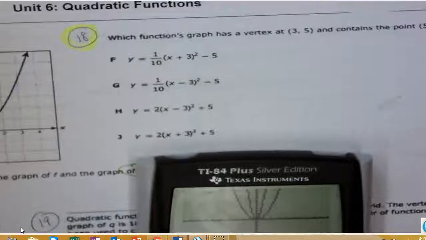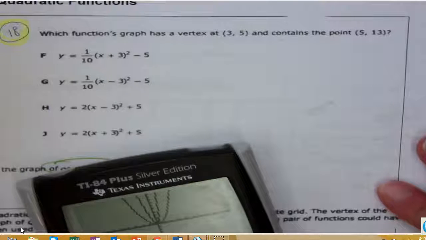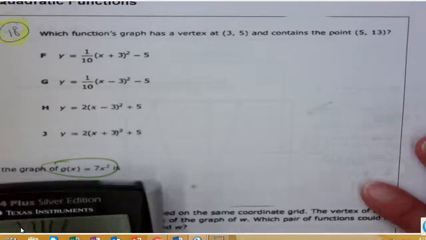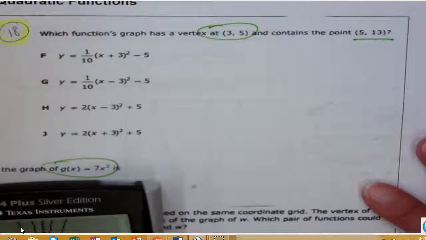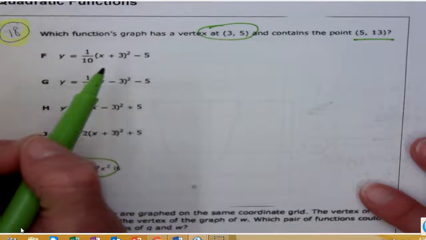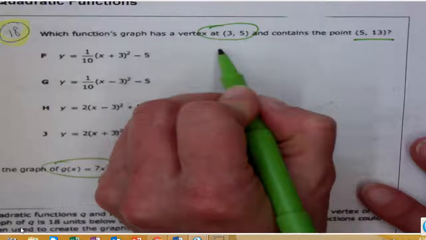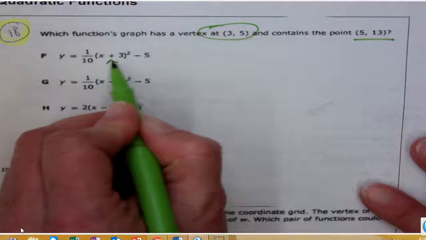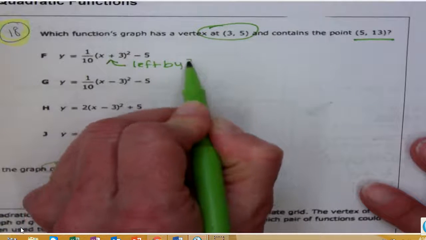Moving on. Which function graph has a vertex at 3, 5 and contains that point? Okay, so one thing that you can do is if you know your vertex form, you're going to know that this would move it left by 3.